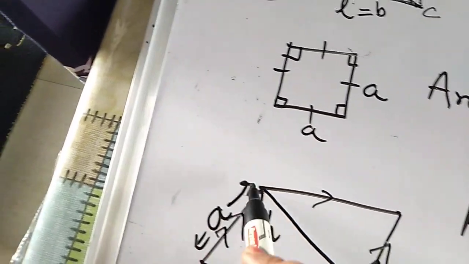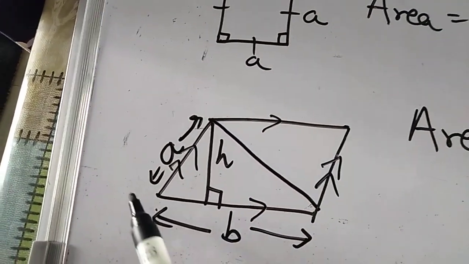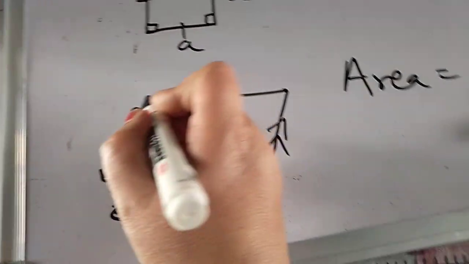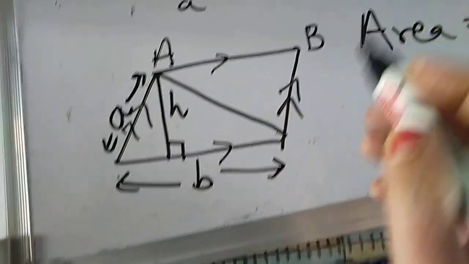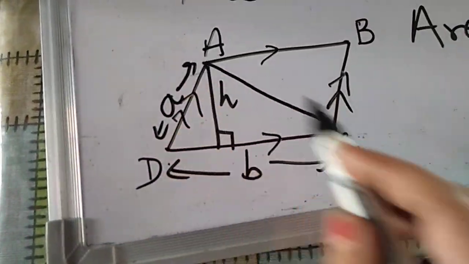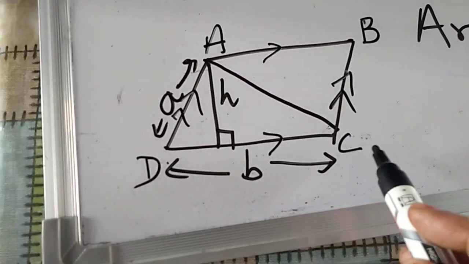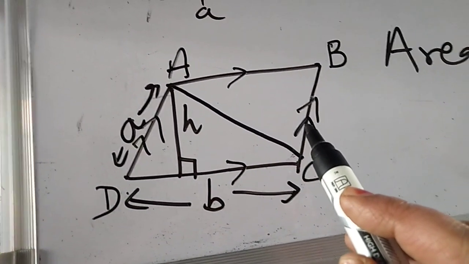And the area of this triangle is half into base into height, as we have studied. I am just naming this parallelogram A, B, C and D. Yes, the area of triangle ACD is half into B into H. So the area of triangle ABC will also be half into B into H.